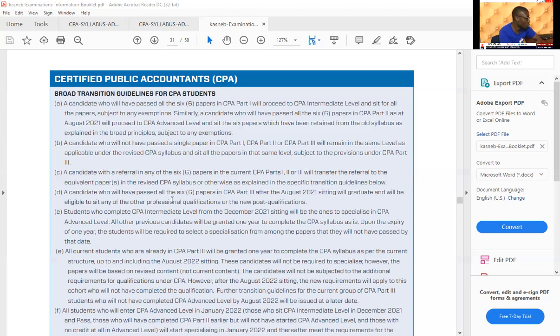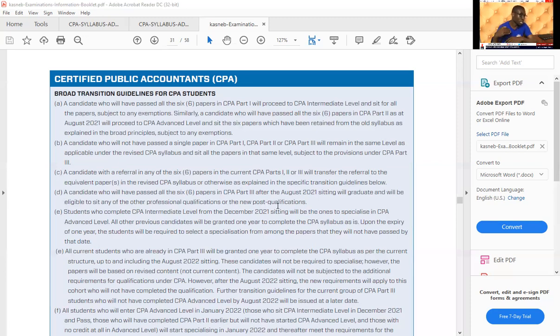Then again, come to part D of this case, explaining the transition part of it, whereby you're saying a candidate who will have passed all the 6 papers in CPA part 3 after the August 2021 sitting will still graduate. Remember, after the August 2021 sitting, will still graduate and will be eligible to sit any other professional qualifications or the new post qualifications, because I mentioned earlier on, Kasneb has introduced a new qualification, which in this case they have termed as what?